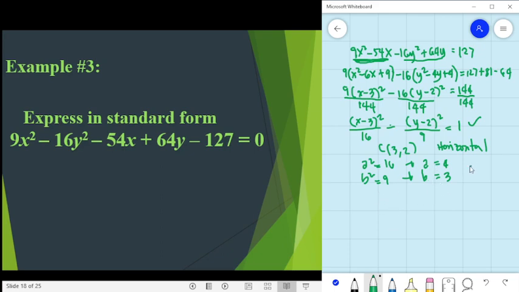Since our a is 4, therefore the length of the transverse axis is 8, and the length of the conjugate axis is equal to 6. Okay? To find c squared, we are going to add a squared plus b squared.